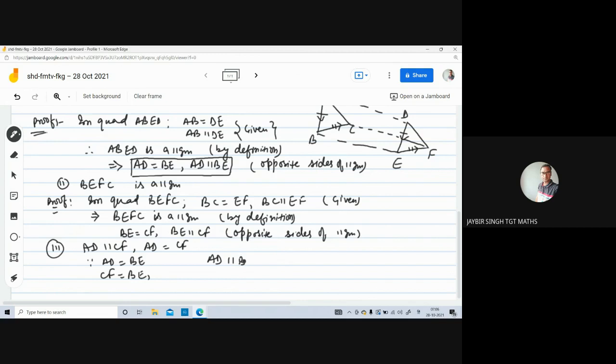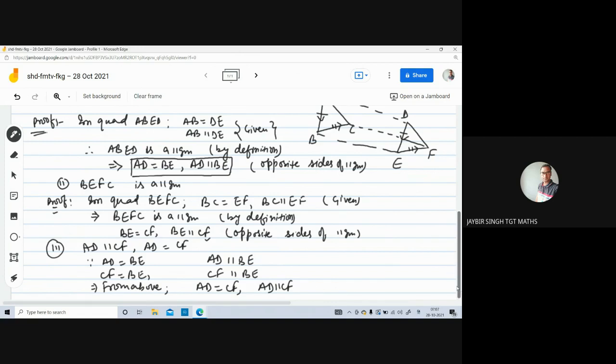AD is parallel to BE and CF parallel to BE. Now here you can write AD is equal to CF. Therefore, from above, AD is equal to CF and AD is parallel to CF.